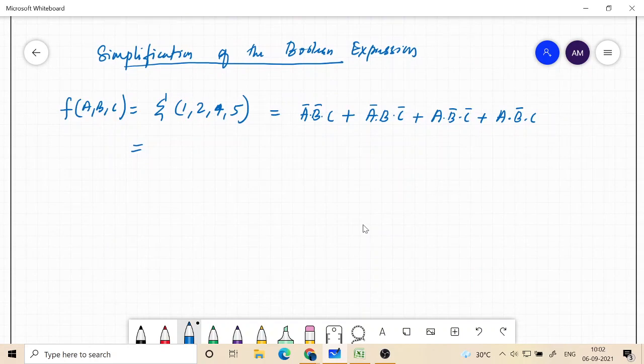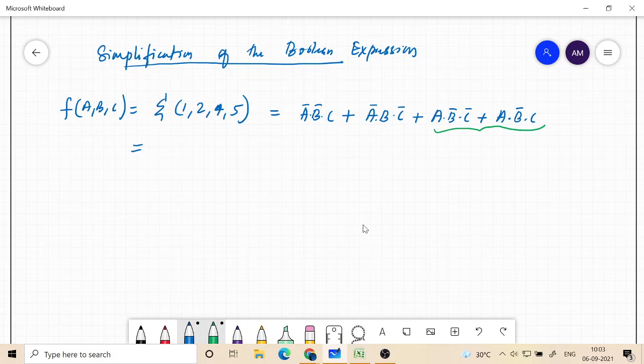Okay, so this is what is given as the Boolean expression. Now we have learned some of the Boolean algebra theorems and postulates, etc. We can use them to try and find out more simplified expressions if it is possible. So first thing, in order for simplification, we have to group these terms. For example, if you look at the last two terms, you can see that a b bar is there in both, and then you have c and c bar.